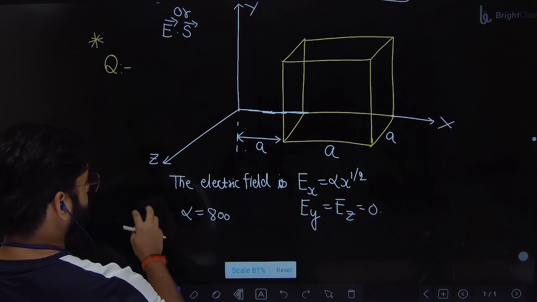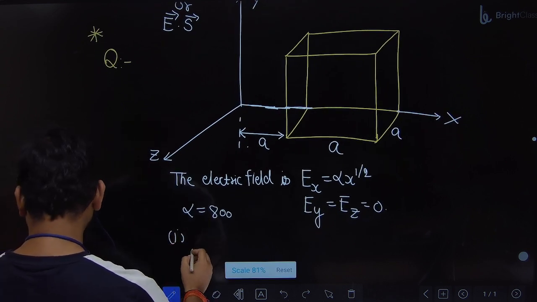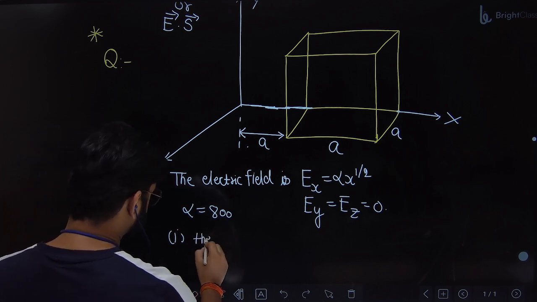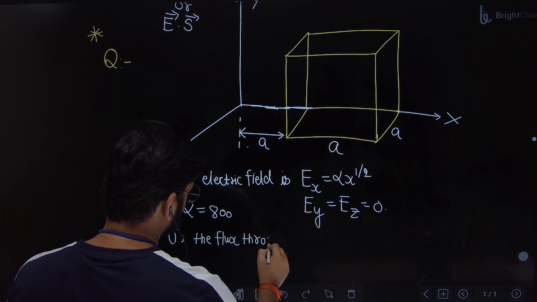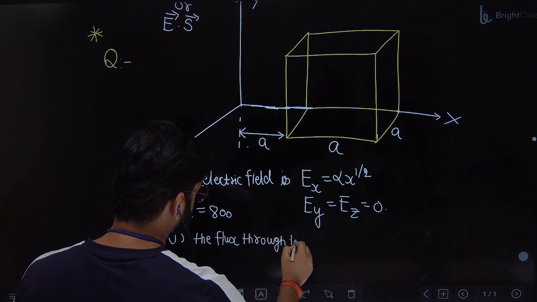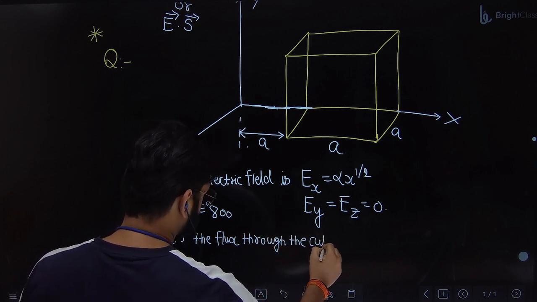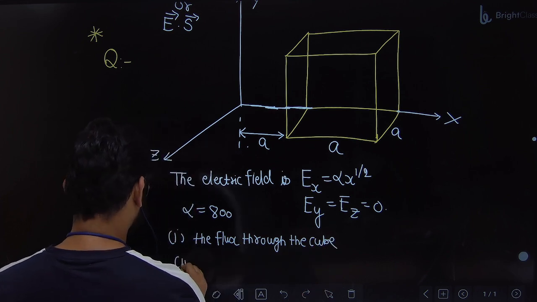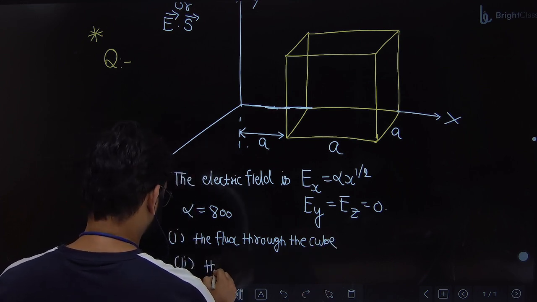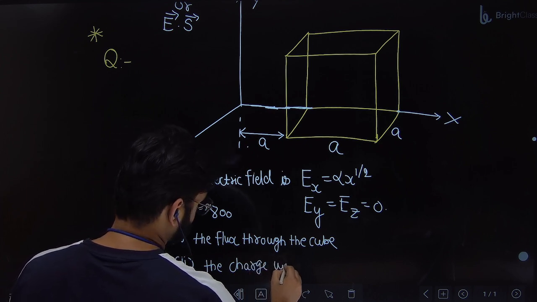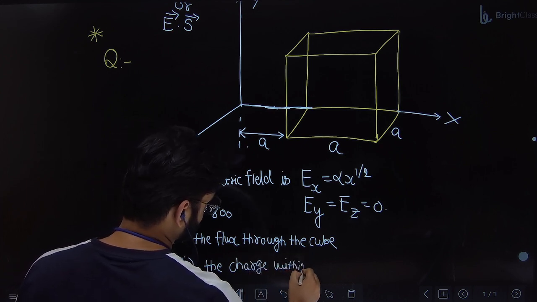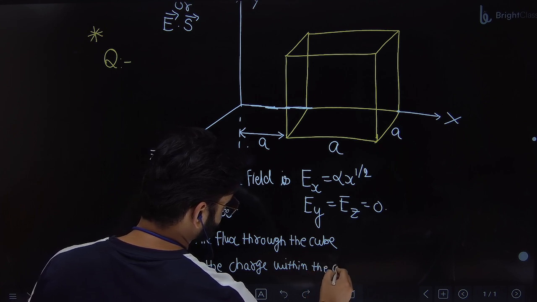We need to find out, first part, the flux through the cube. Second part, the charge within the cube.